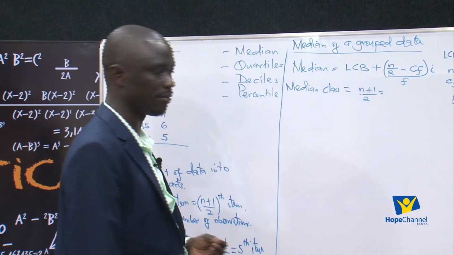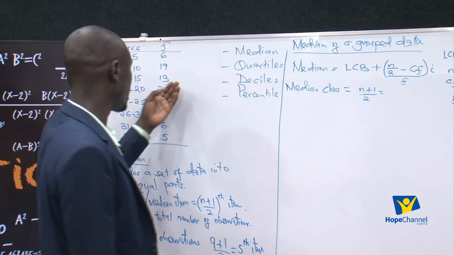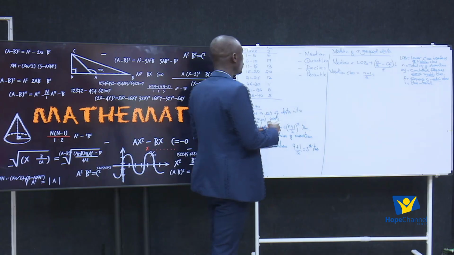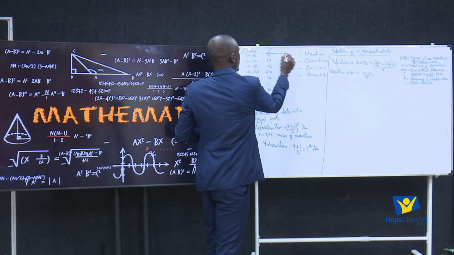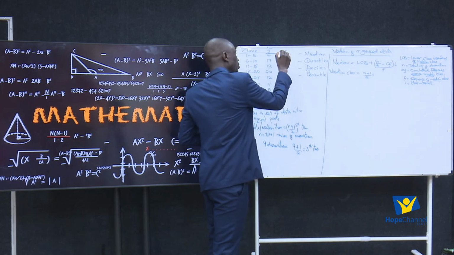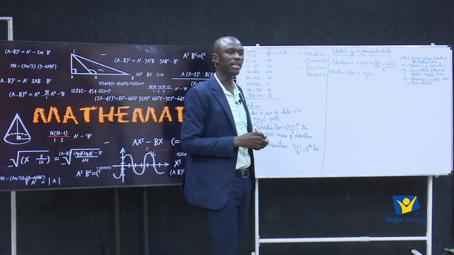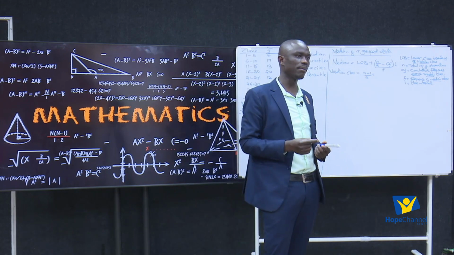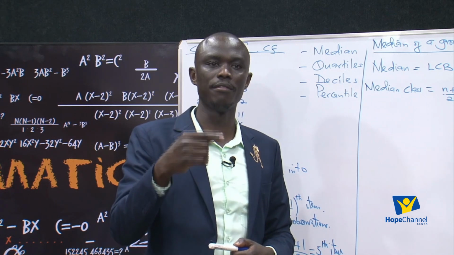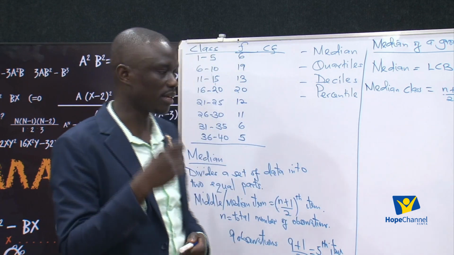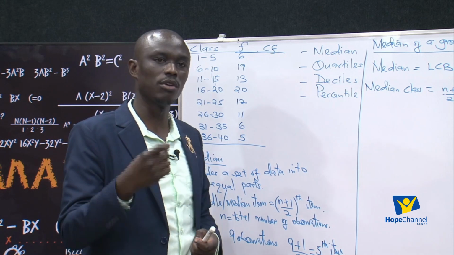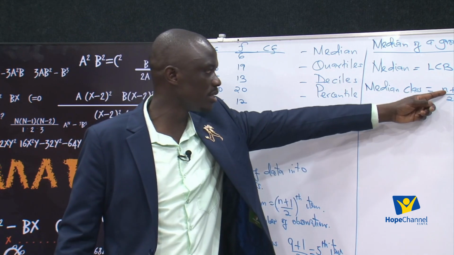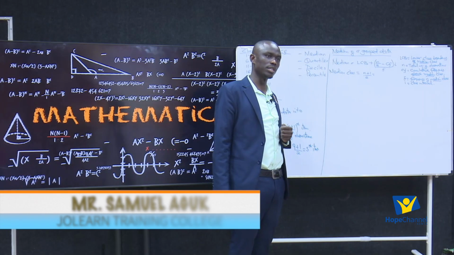It is very easy. When we are having this particular data, we need to introduce what is called a cumulative frequency column. The cumulative frequency column is going to help us add the frequencies so that we will know what is the value of N.